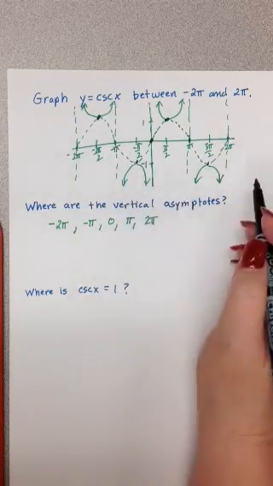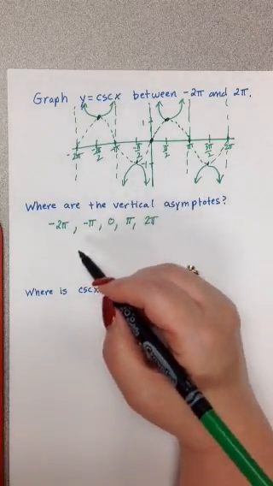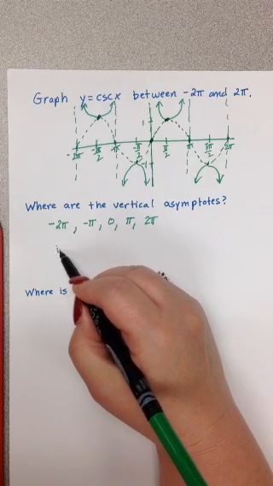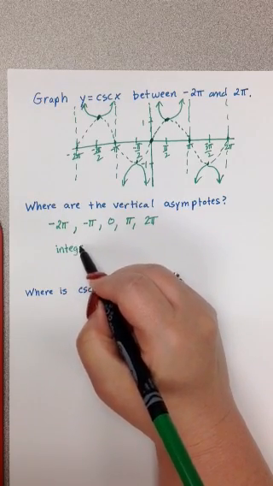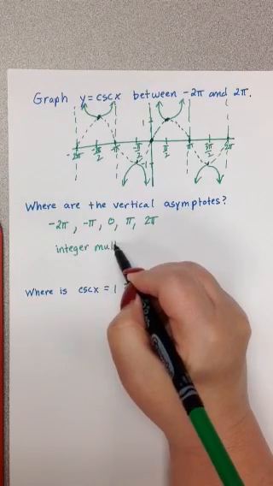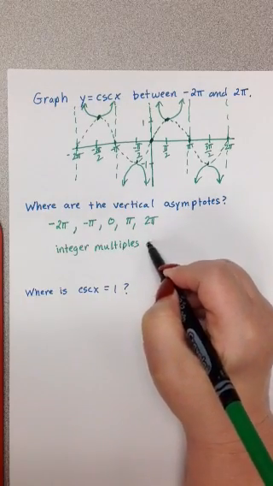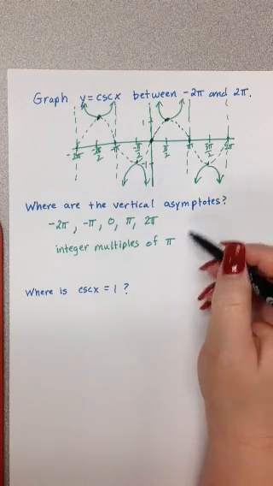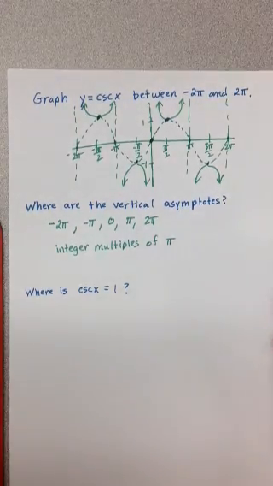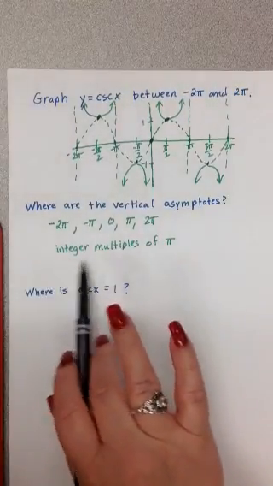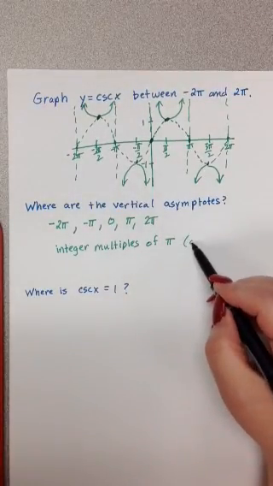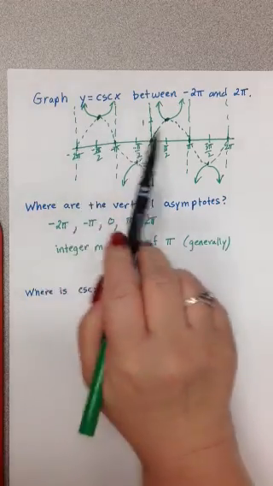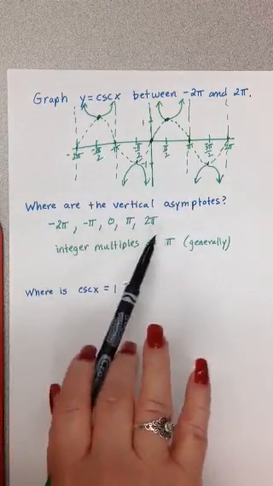If they ask me generally what are the vertical asymptotes or where is it undefined, I could say it is integer multiples of pi, or we can sometimes say integral multiples of pi. There we go. That would be all of them, generally speaking. This would be specifically between negative 2 pi and 2 pi. Those are all of them, okay?